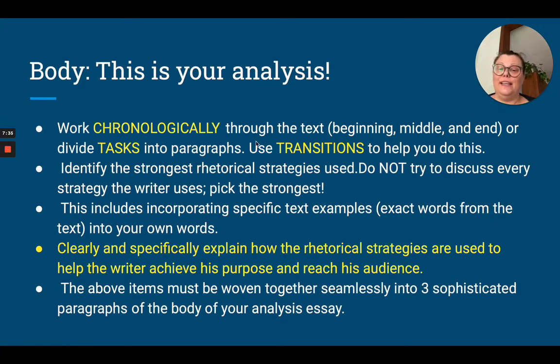You use your ICE for that. Clearly and specifically explain how the rhetorical strategies are used to help the writer achieve his or her purpose and reach his audience, okay? They must be woven together seamlessly into 3 sophisticated paragraphs of the body of your analysis essay. You can do it in 2, okay? If you're running short on time, you can do it in 2. Just pick the strongest ones.